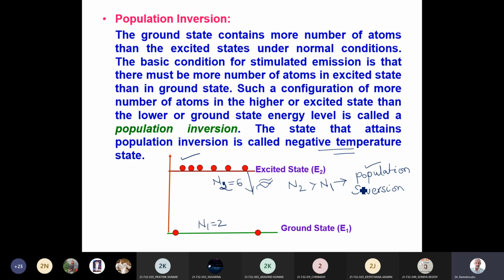So these are very, very important conditions for any lasing action. We'll see how we get lasing action in a given scenario.